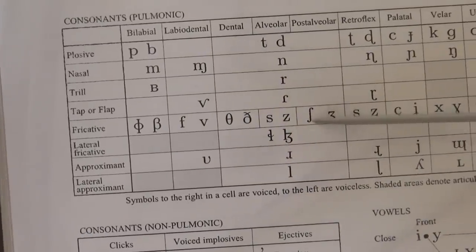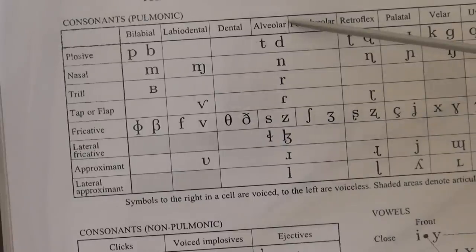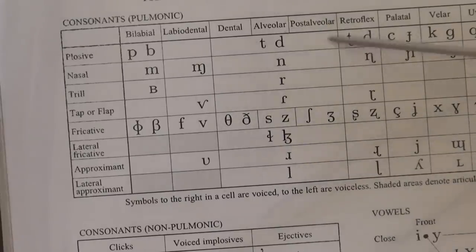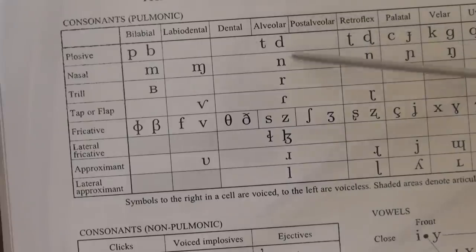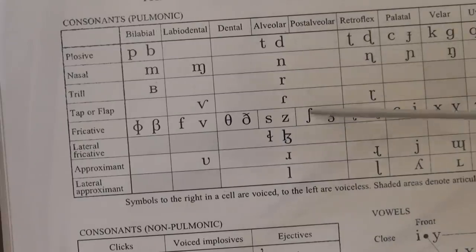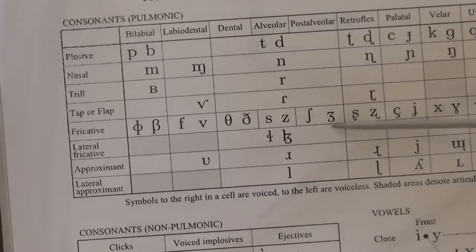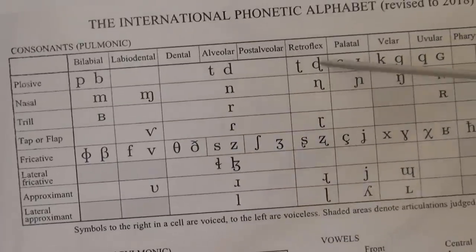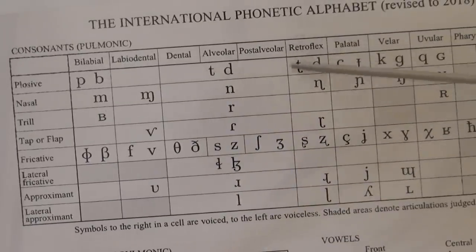Then we have further back in the mouth the post-alveolar area. Here you can pronounce sh and zh. Retroflex.